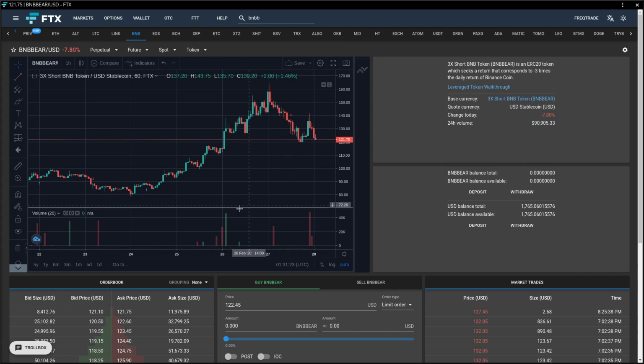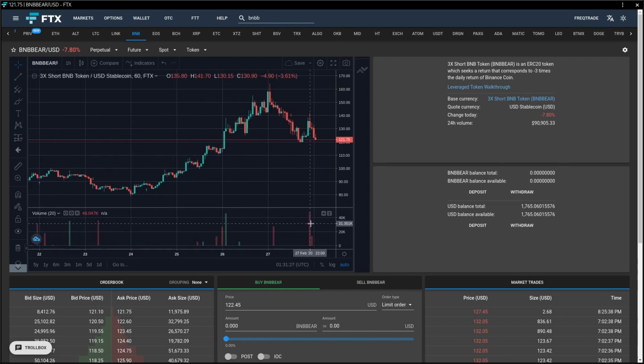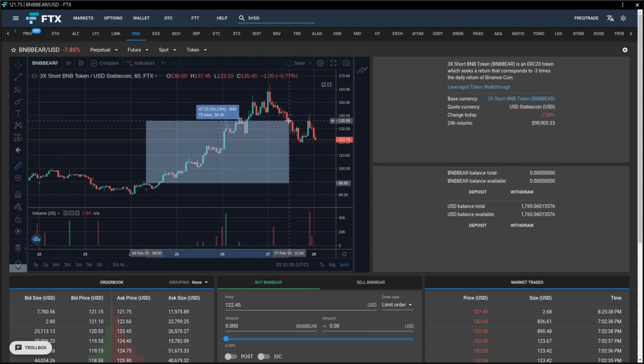So that's why, as you can see here in the candles, the volume doesn't actually really matter when you trade them. And this is one of the things that I've been doing lately, and Freqtrade has found really good strategies for this. For example, as you can see, these little arrows, the blue one and red one, was when Freqtrade bought and sold, and it made like 53% on this trade.